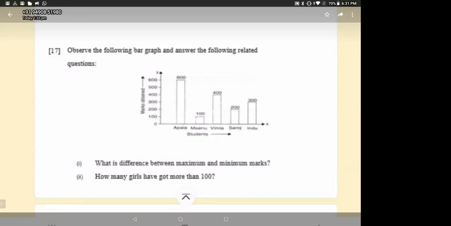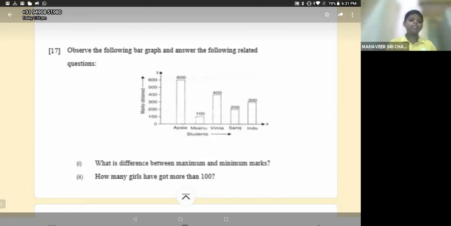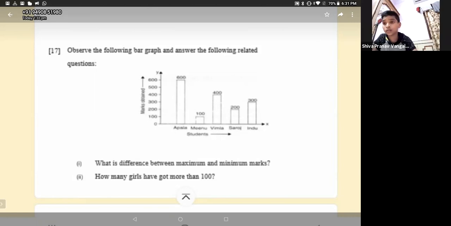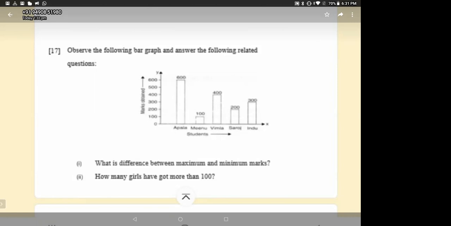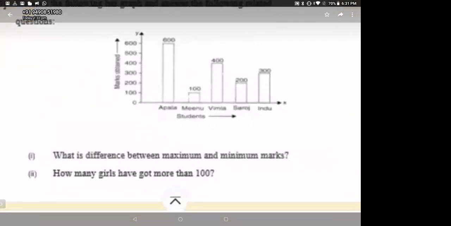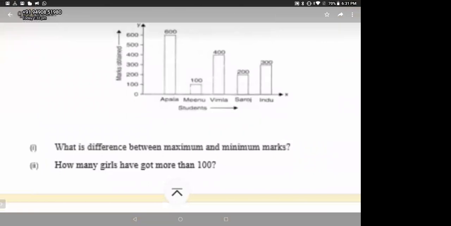How many girls got more than 100? Ma'am, 1500. All are girls only here. Yes, ma'am, our ma'am said all are girls. Okay, names. Ma'am, 4. 4 of them got more than 100. Okay, right.